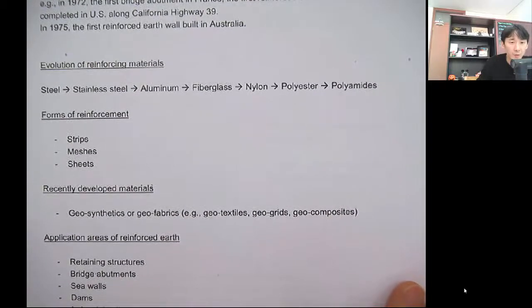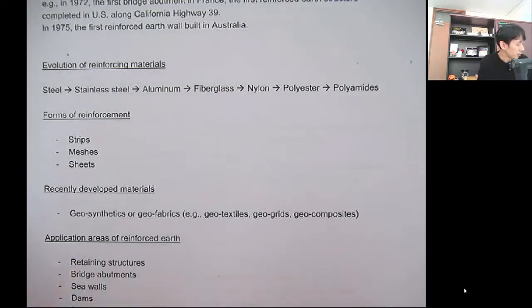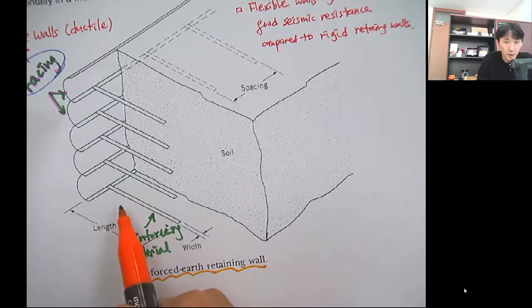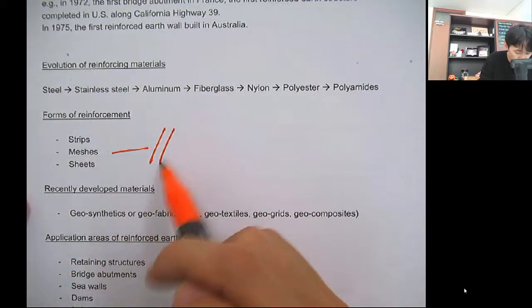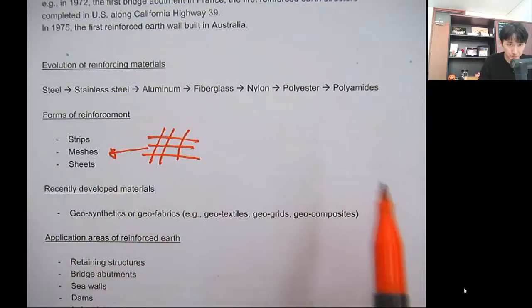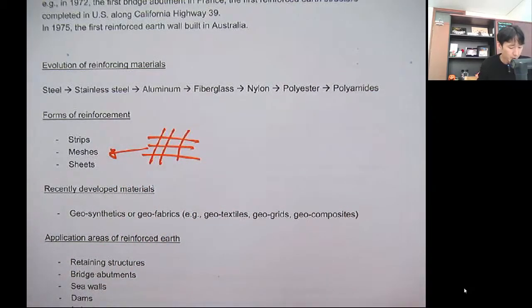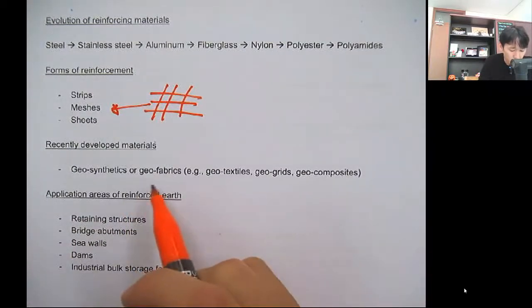And the forms of reinforcement, as we just saw in the picture, can be strip type, like this, or it could be mesh, this type of woven mesh, or sheet. A recently developed material is geosynthetics or geofabric.